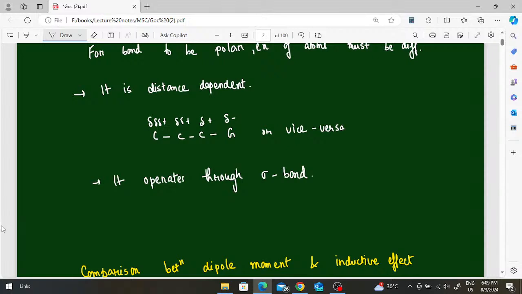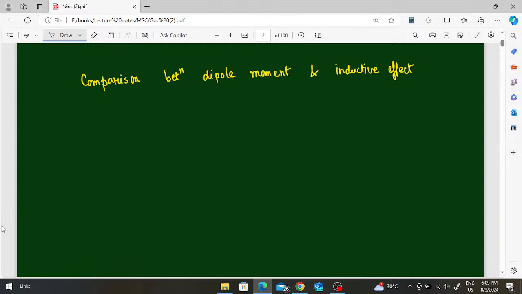They are not the same. In the case of dipole moment, any bond that is present will have a positive and a negative charge itself, whereas in inductive effect the adjacent atoms will have the same charge, although in a more diminished manner. So if there is a bond between A and B, there will be a delta positive and a delta negative charge. This is dipole.